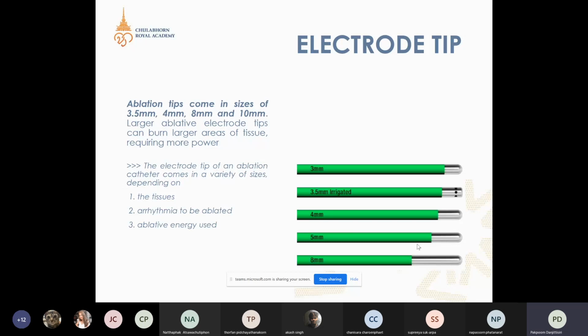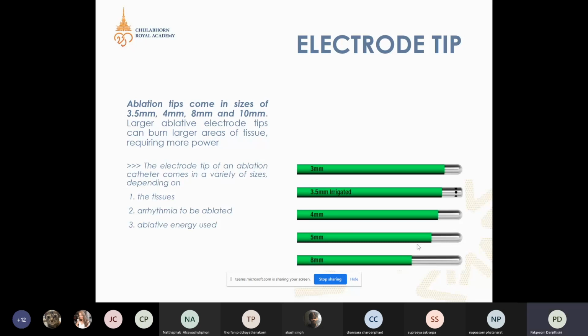Compared with 4 millimeter and 8 millimeter, the 8 millimeter will provide the higher energy to ablate that area.